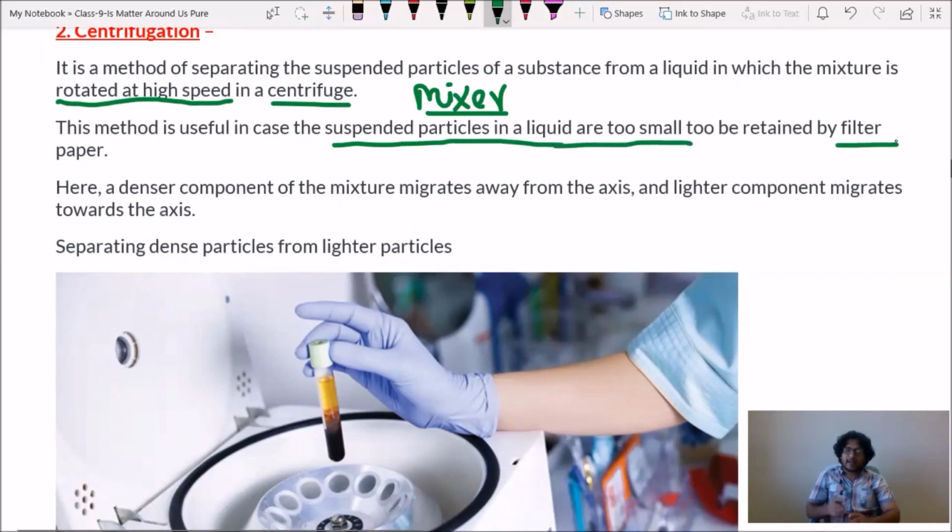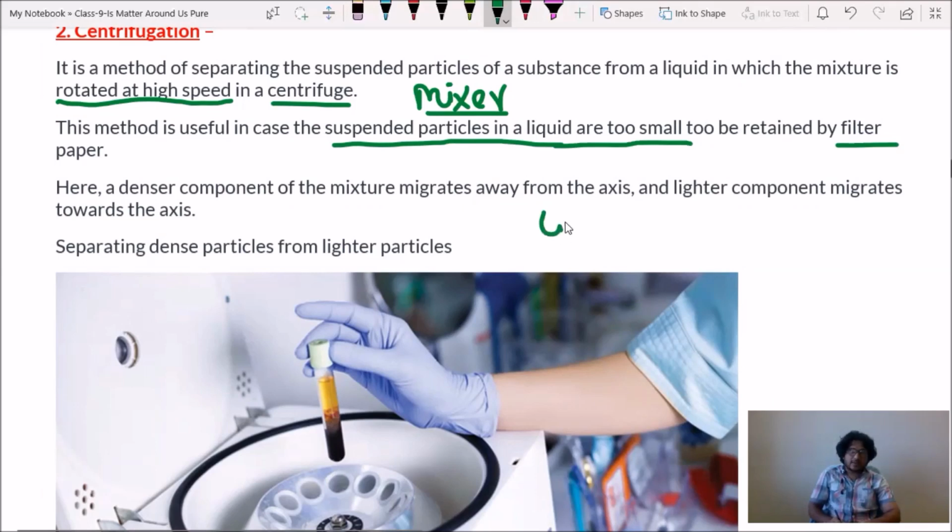You see, if particles are big, we can easily separate them by using filtration. But if the total solution passes through the filter paper and we cannot collect any residues or particles by using filter paper, this technique is used. Here, denser components of the mixture migrate away from the axis and lighter components migrate towards the axis.